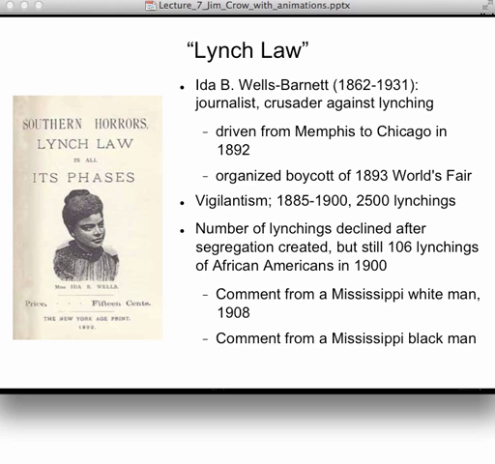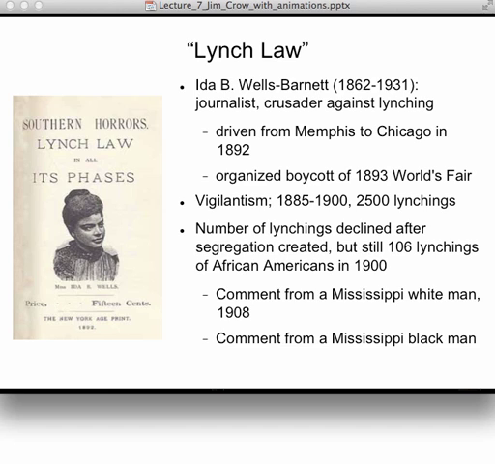This name, lynch law, comes from a judge in Virginia during the time of the American Revolution, who basically took the law into his own hands and dealt out very, very harsh punishments to people. Now, there were African Americans who stood up against lynching. One of the most famous was a female journalist named Ida B. Wells Barnett.